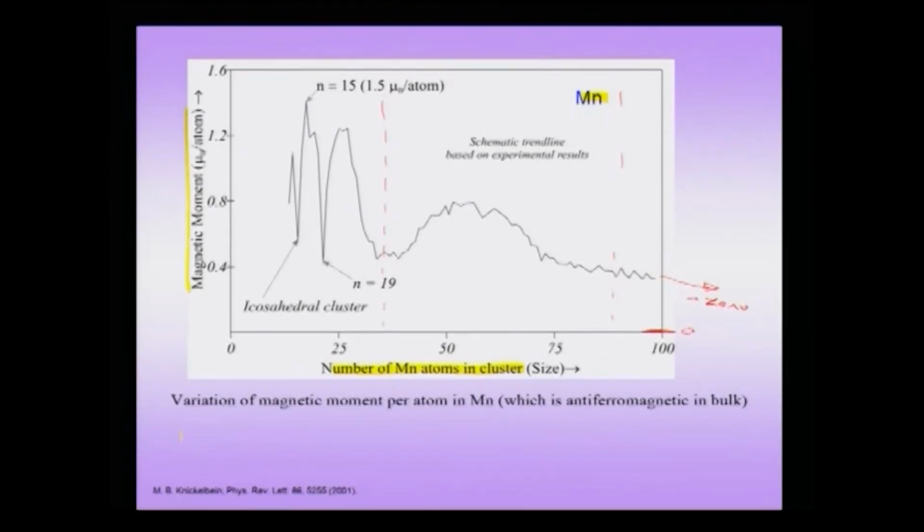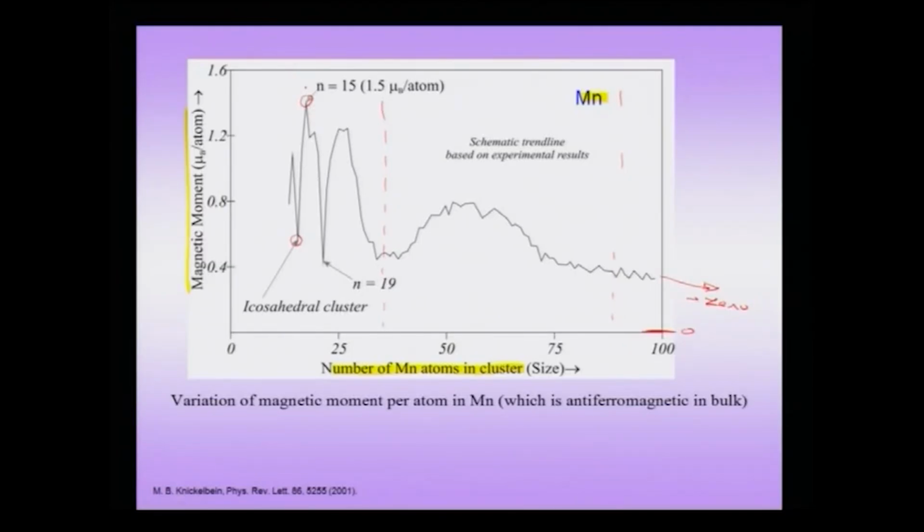In the small cluster regime, again you notice that there are sharp variations in the magnetic moment, and you can observe that these sharp variations again can be understood in terms of certain geometry, that for instance, the icosahedral cluster gives you a very small net residual magnetic moment, while by adding just a couple of atoms you get the n equal to 15 cluster, which has a very high magnetic moment.